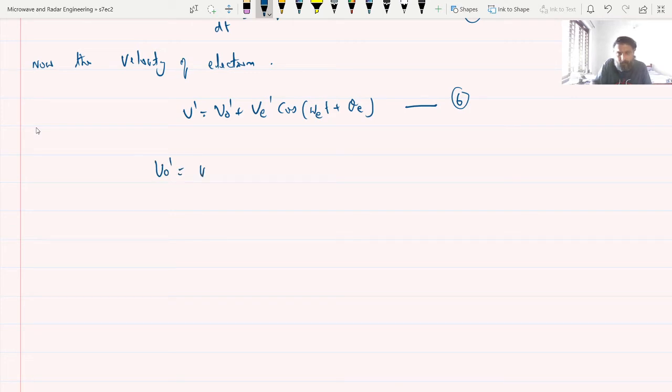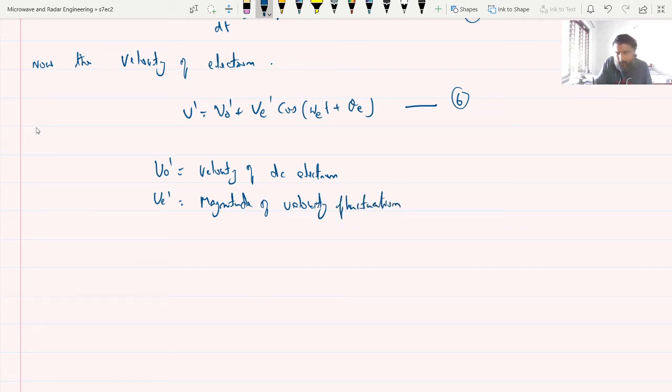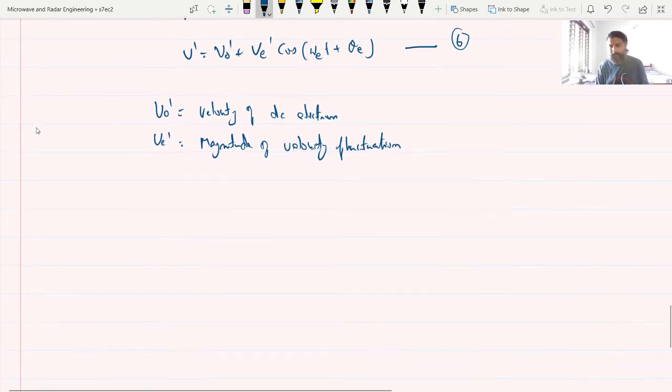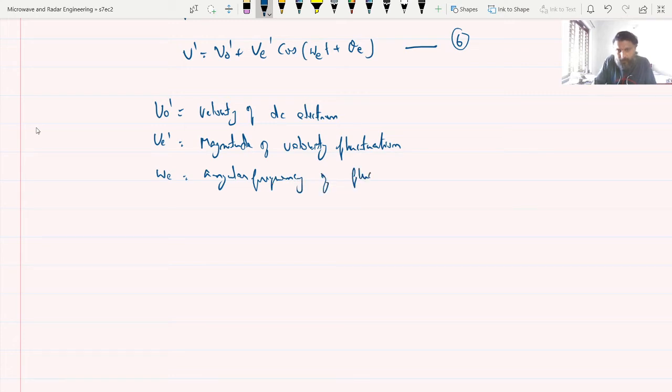V naught dash is the velocity of DC electron. Ve dash is nothing but the magnitude of velocity fluctuation. Omega e is the angular frequency of fluctuation.